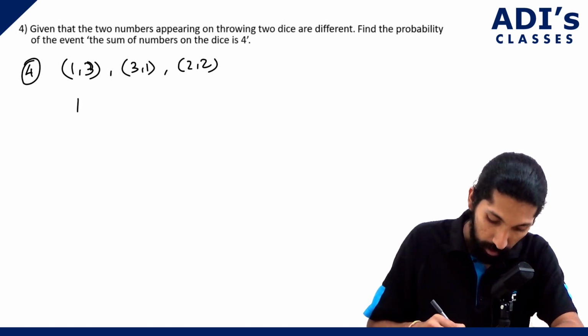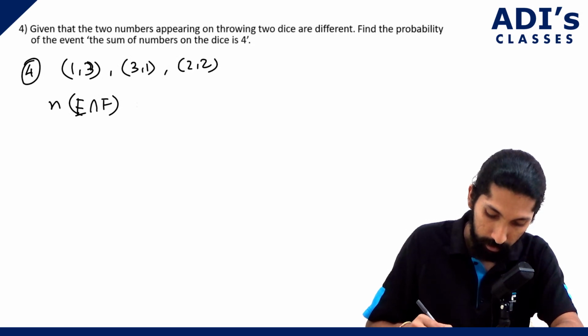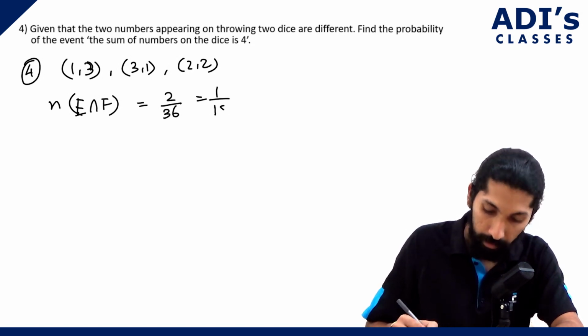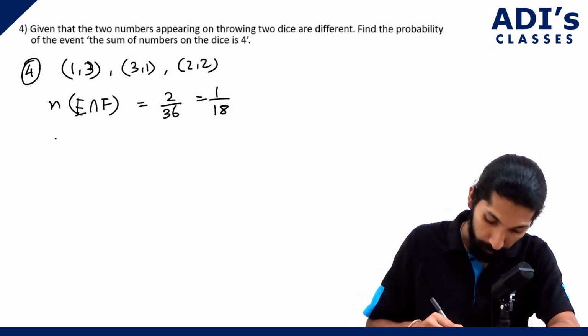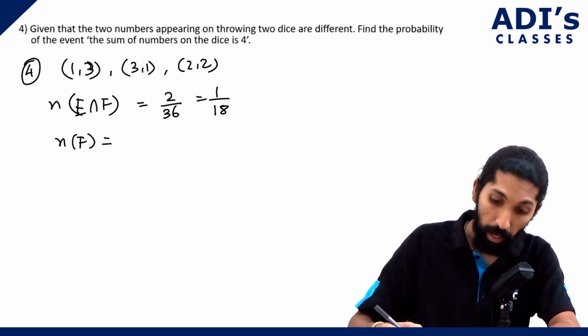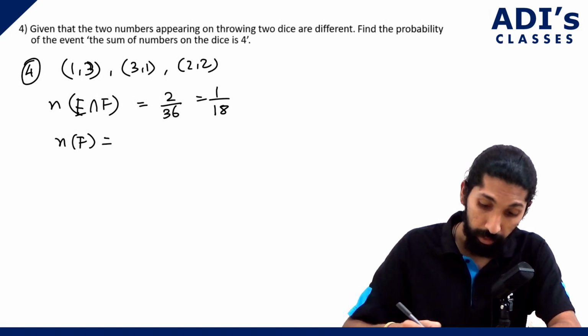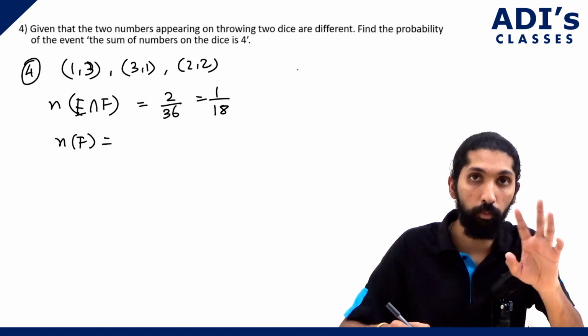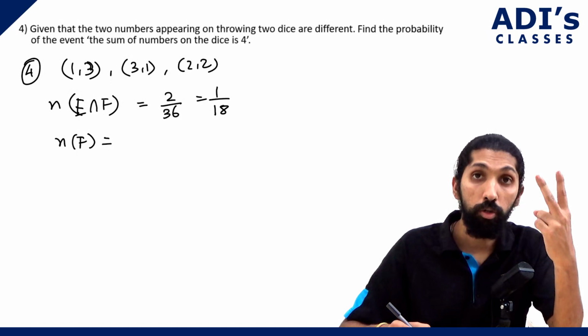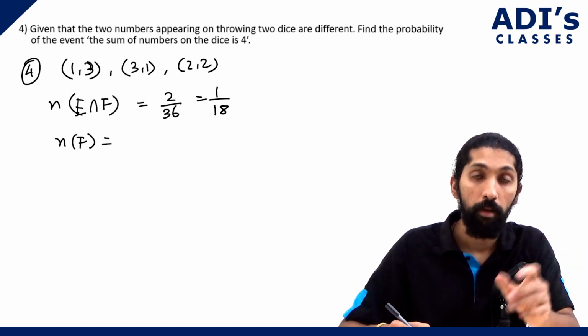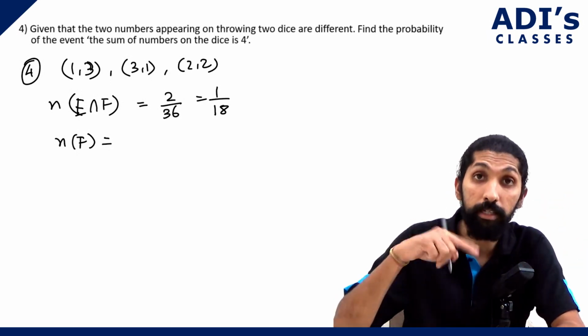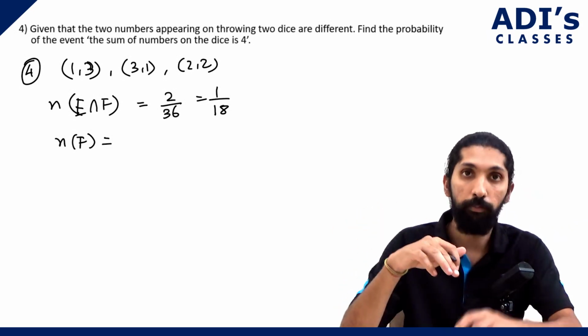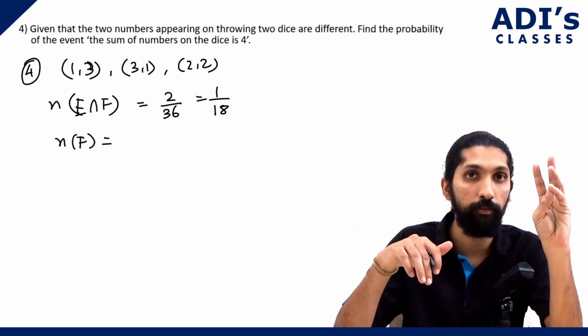So we can say that n of E intersection F is just 2 out of 36, which is 1 by 18. Now, n of F is what? We need to calculate when you throw the dice, the two numbers should be different, correct? So when the two numbers are different, that's 36 minus 6, except for 1,1; 2,2; 3,3; 4,4; 5,5; 6,6.